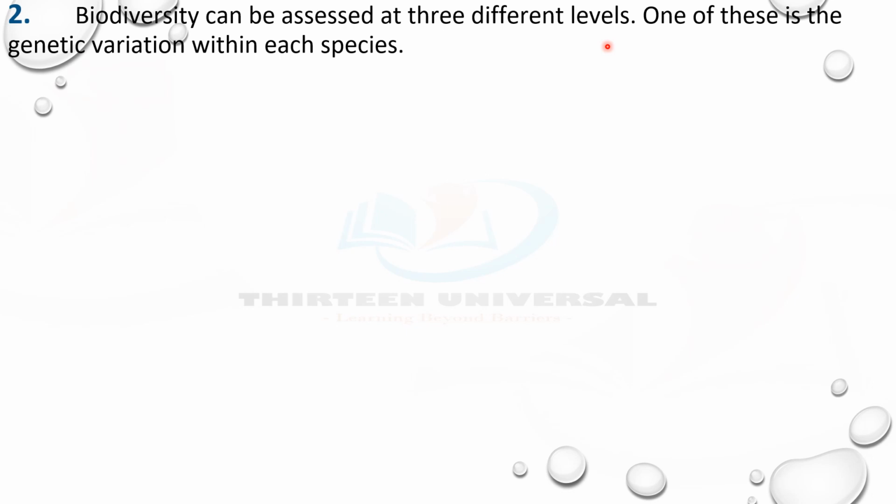One of these levels is genetic variation within each species. Genetic variation is just different alleles, a wide range of different alleles. So that's genetic variation.